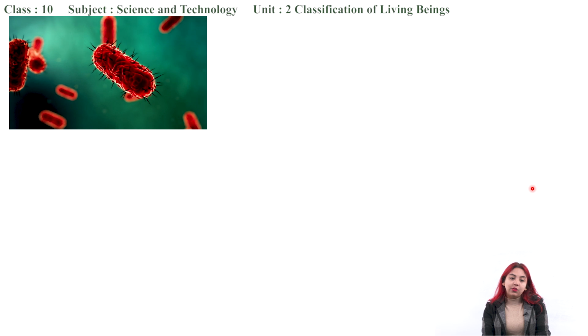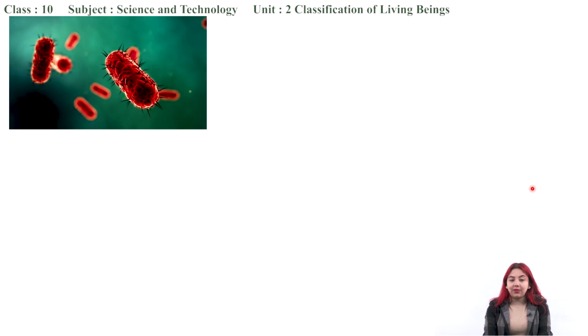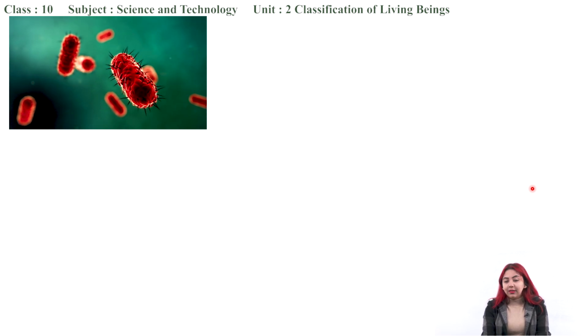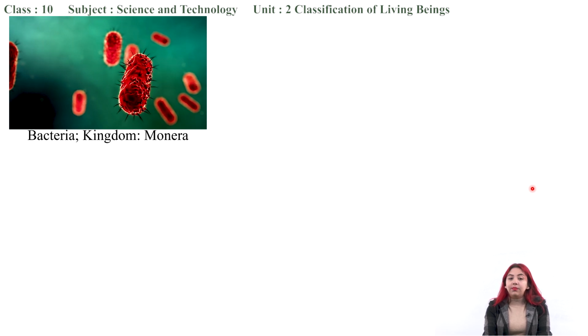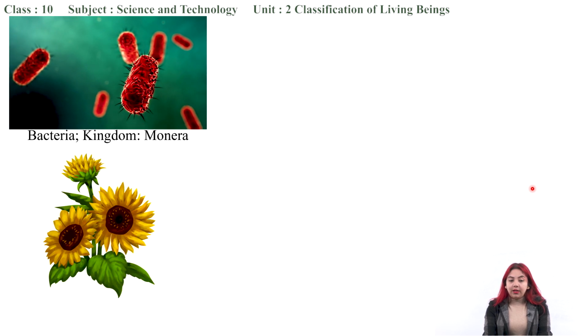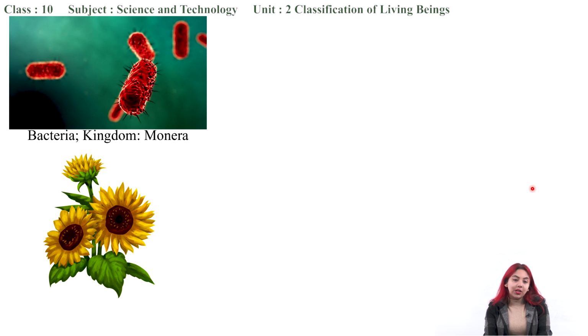Can you guess which organism this is and which kingdom it lies in? Yes, it's a bacteria, so it lies in the kingdom Monera. Now we have a sunflower. What kingdom does sunflower lie in? It's very easy. Yes, it belongs to the kingdom Plantae.